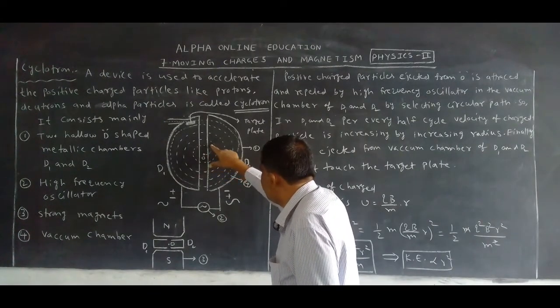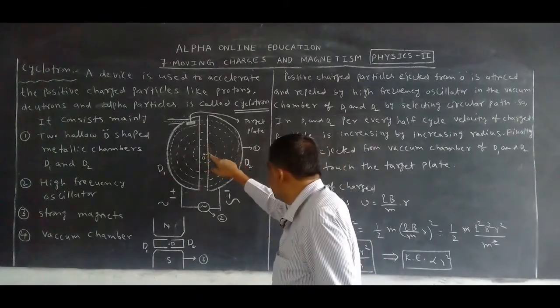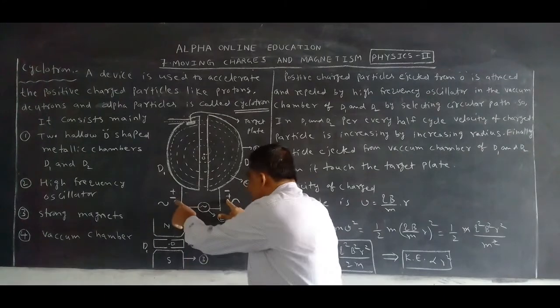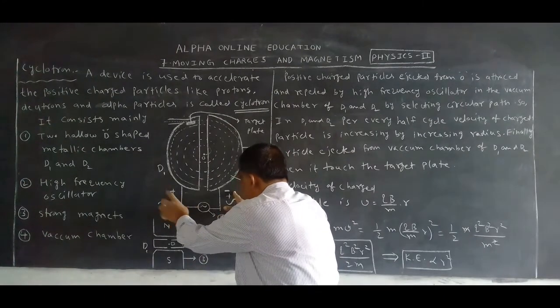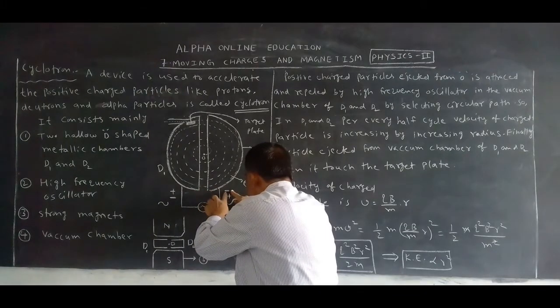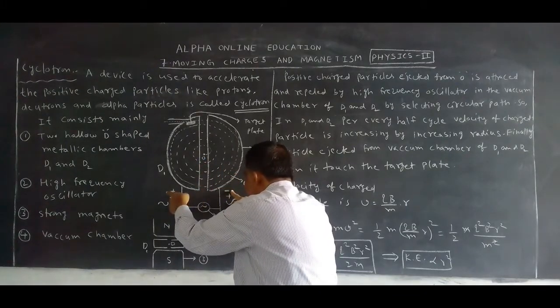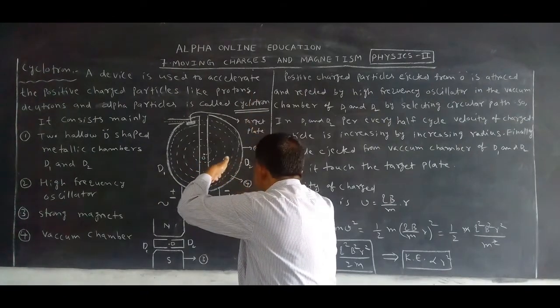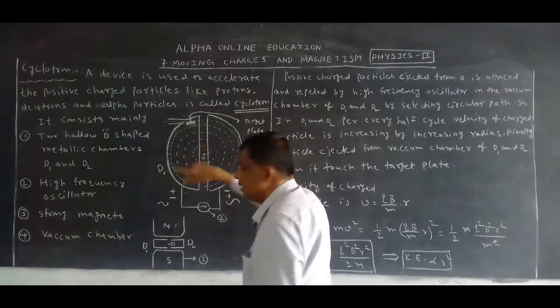One half revolution is completed. Now it becomes positive half, and the other becomes negative half. Initially, here positive half, here negative half. That's why due to the negative half it moves to this side. The positive half repels. Now it tries to move in this direction, but the strong magnetic field brings it into the circular path.